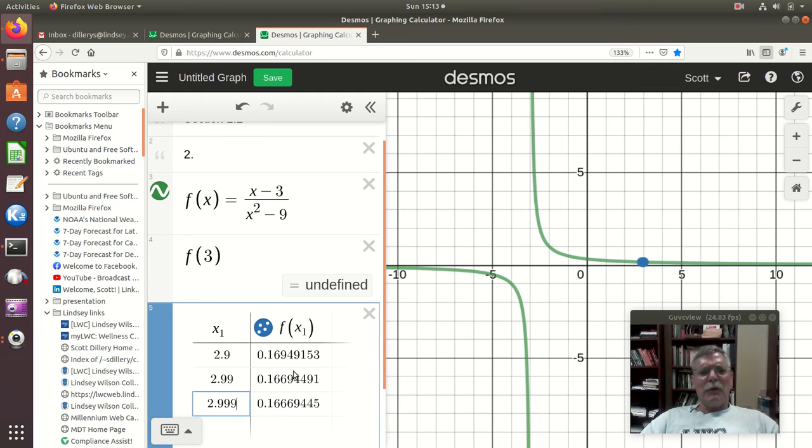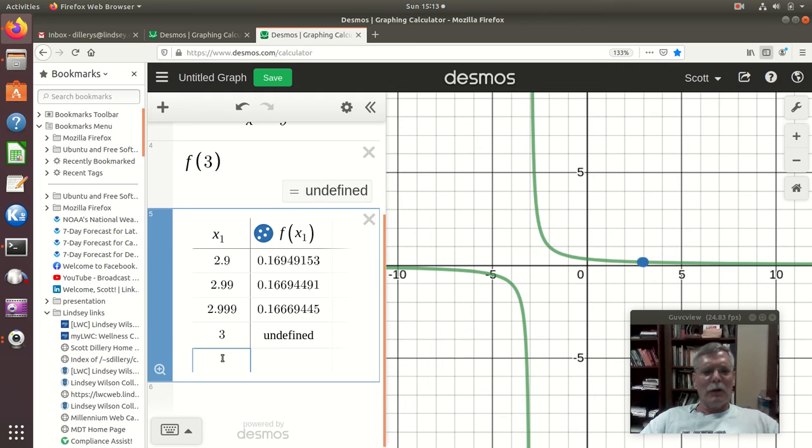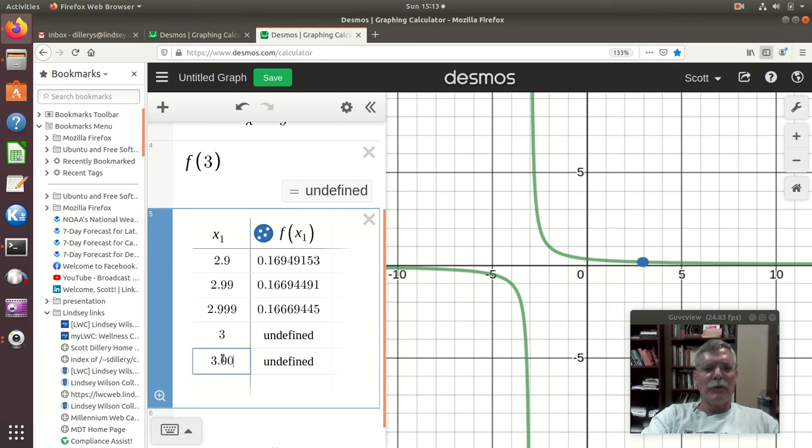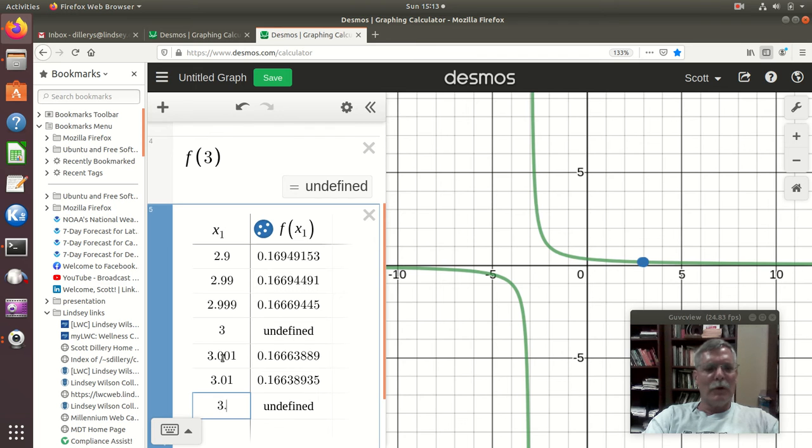So this is one of the great things about this Desmos calculator: I can define it symbolically up here and then just make this table, and I don't have to keep punching it into a calculator. Now if we put in 3, it says undefined, but then we look at 3.001, which they asked for, 3.01, and 3.1.